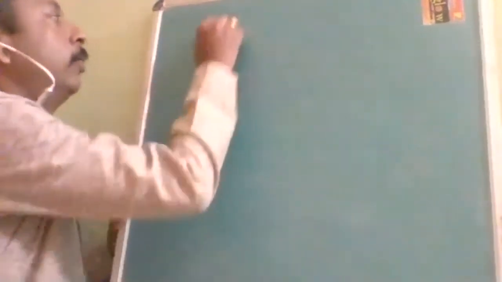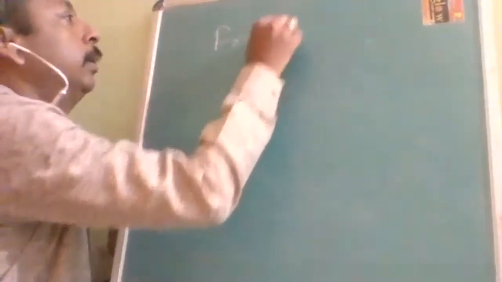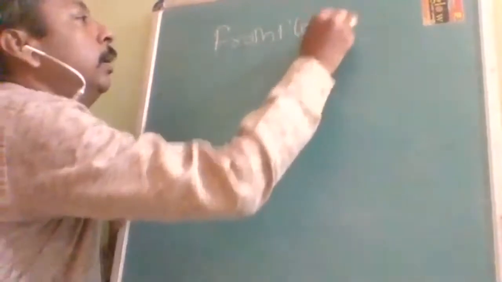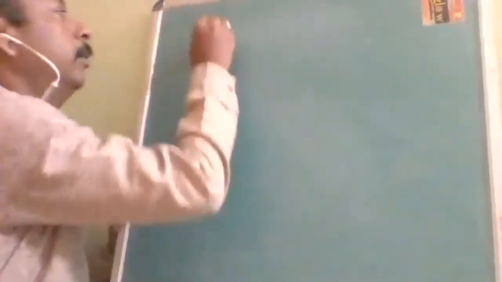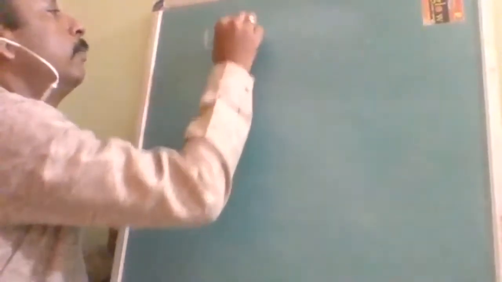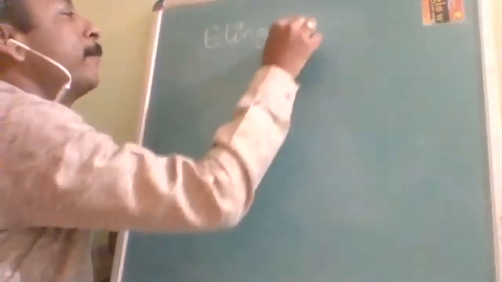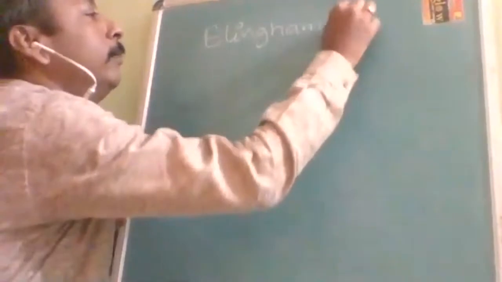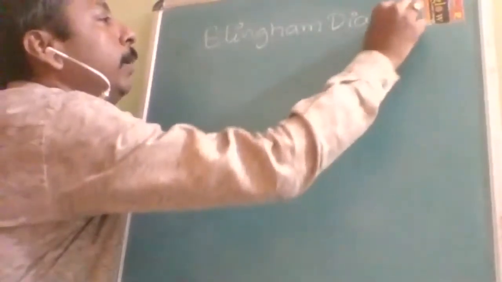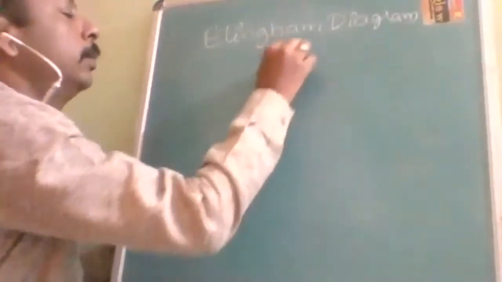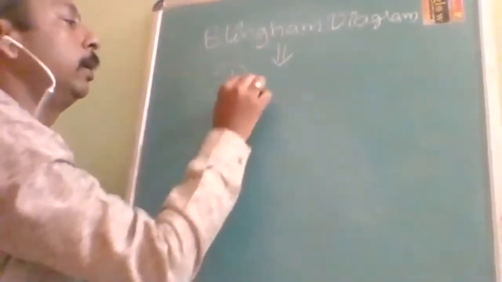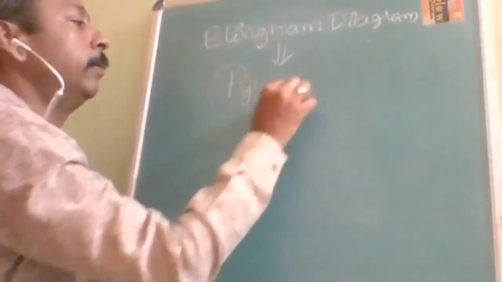The Ellingham diagram is used in a process known as pyrometallurgy. Which metallurgy?